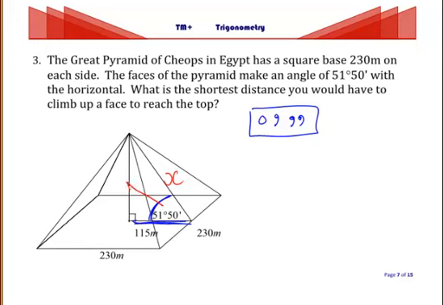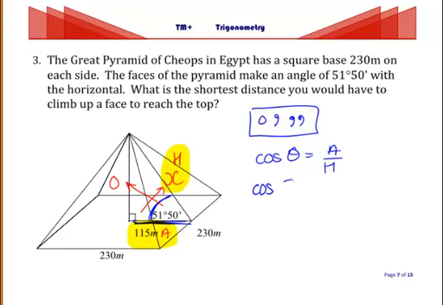So opposite the right angle is hypotenuse, and my other is adjacent. So I'm given the adjacent side, I want the hypotenuse. So A and H is cos. So cos theta equals adjacent over hypotenuse.